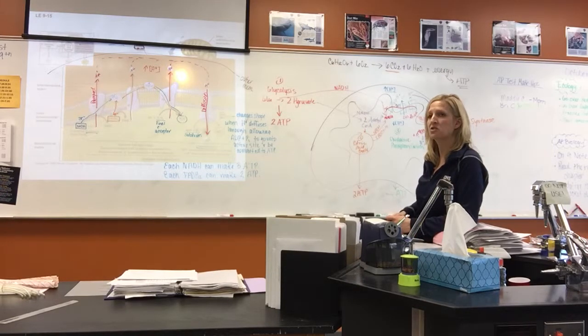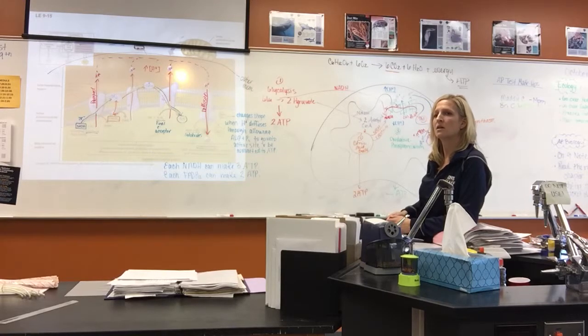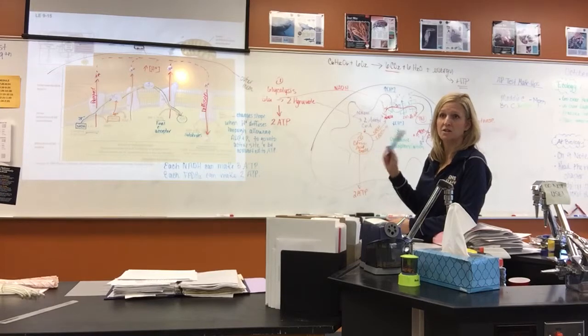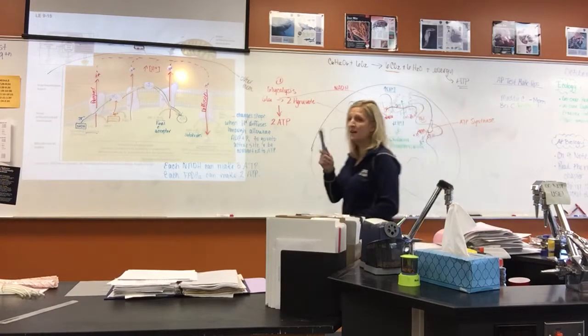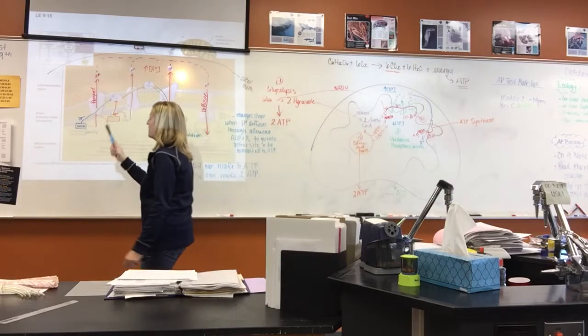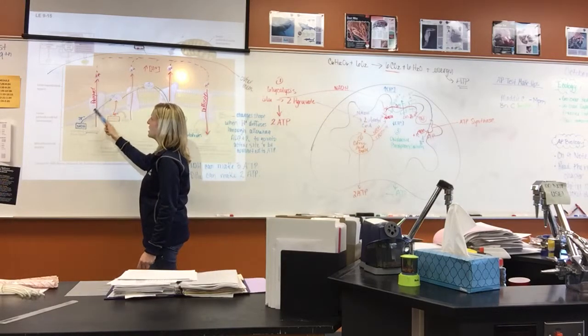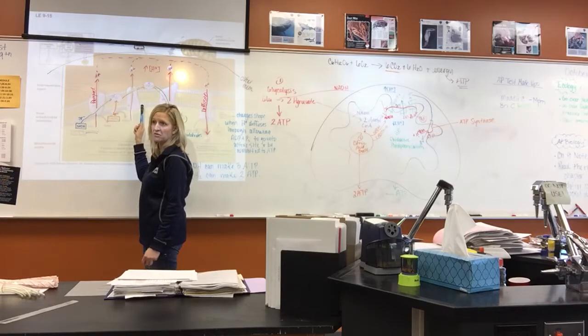She's asking, is the electron transport chain ever longer than this? No, it's always these 3 proteins. So one NADH molecule can only drop its electrons off at the beginning of one electron transport chain, which doesn't change, all right?